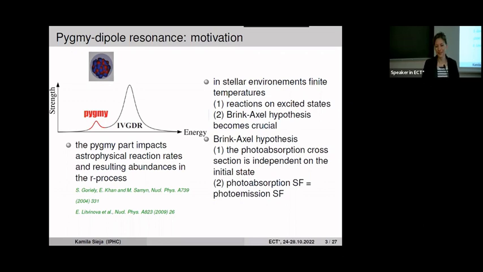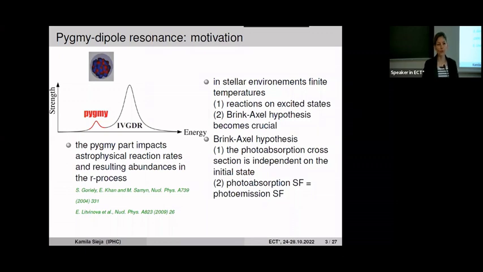Those calculations are done for the ground state of the system, while in the stellar environments you may have finite temperatures, so you need some finite temperature response, and on the other hand, you usually need to know the decay strength function to calculate, for example, neutron capture in the Hauser-Feshbach approach.